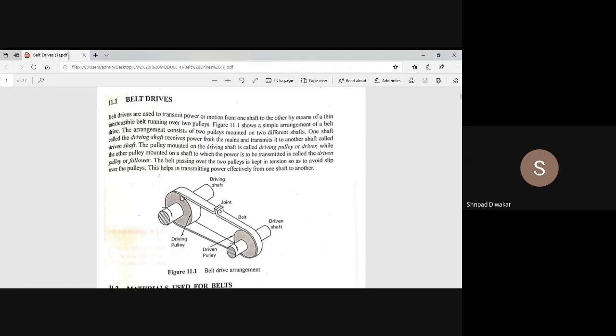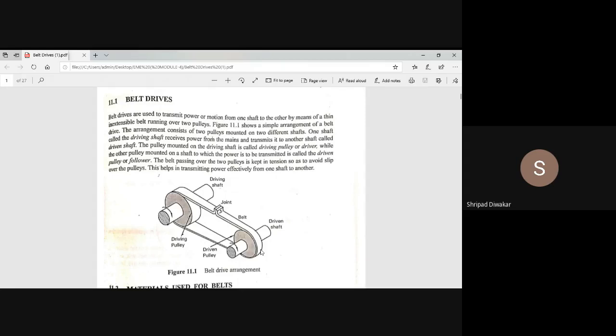The driving pulley is mounted on the driving shaft, the shaft over which this pulley is mounted. You can see this structure. This is called the shaft. And one more is the driven pulley, which is mounted on the driven shaft. And these two pulleys are running over a belt. So the belt transmits the power from the driving shaft to the driven shaft.